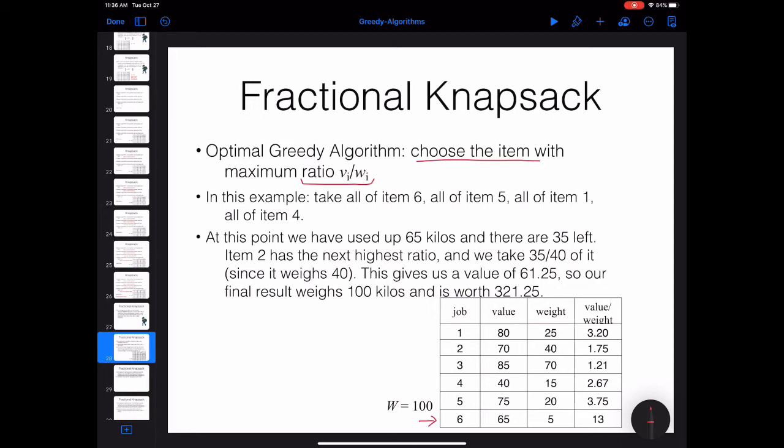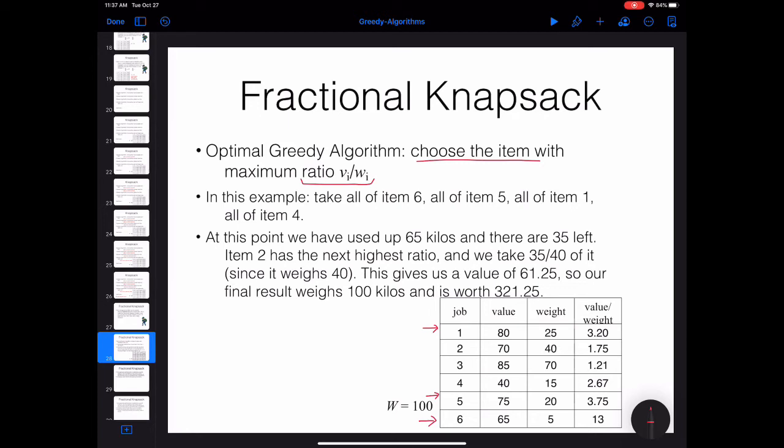So we can take the full object 6, and then the next highest value per weight ratio is 5. I can take all of it, I still have enough capacity. Then I can take the full amount of the object 1.